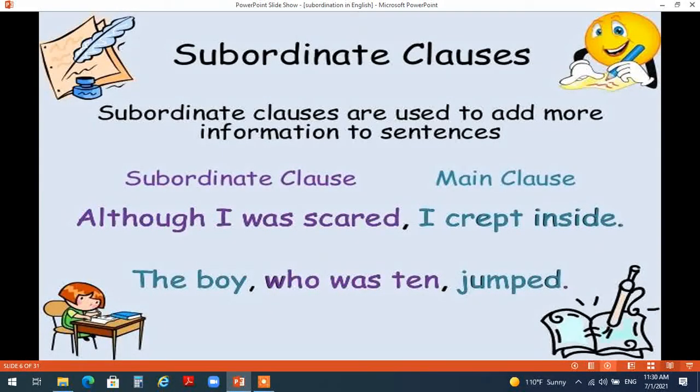The main idea here or the main information is I crept inside. هي هاي المعلومة الرئيسية الموجودة بالعبارة الفعلية المستقلة. أما العبارة الفعلية التابعة although I was scared, this is not the main clause. هذه ليست هي العبارة الرئيسية، ليست الفكرة الرئيسية، لكنها فكرة ثانوية الغرض منها فقط إعطاء المزيد من المعلومات. إذن دائما يكون subordinate clause وظيفته هو لغرض إضافة معلومات أخرى لكنها ليست المعلومات الرئيسية في الجملة.